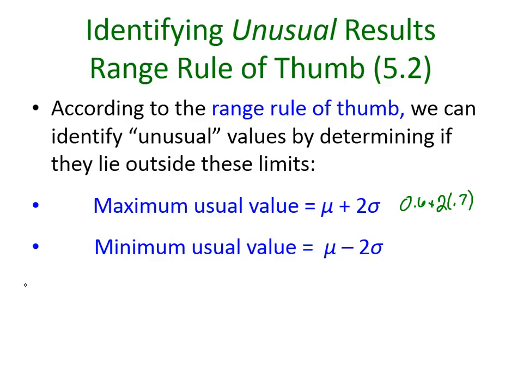So that'd be 1.4, which would be 2 babies out of the 5 would be usual of seeing with green eyes. Taking my mean minus 2 of those standard deviations is going to give me a negative number, which obviously doesn't make sense. So in this case, we anticipate between 0 and 2 babies would be usual to see out of those 5 of having green eyes. Getting a sample that had 5 babies that had more than 2 that had green eyes would be unusual. Questions there?